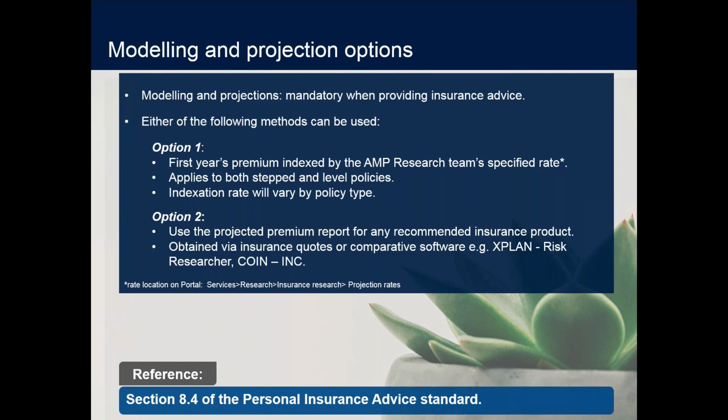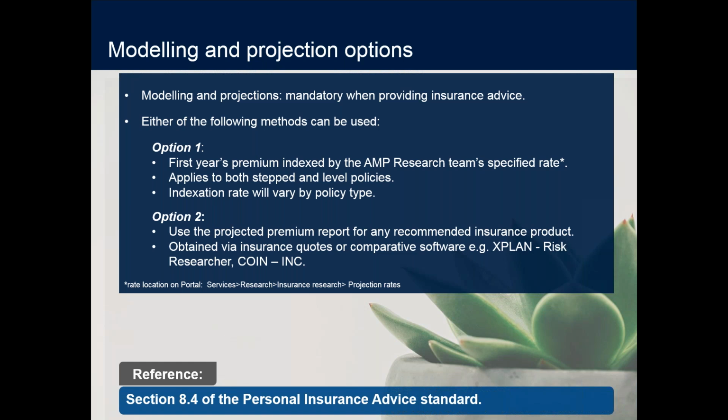So the first option we have is where we take the first year's premium and we index it by rates that have been provided to us by the AMP research team. Those rates apply to both stepped and level policies. So irrespective of what you're recommending, it applies to both.